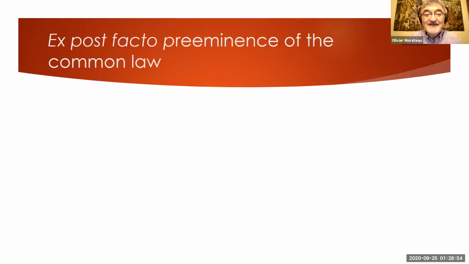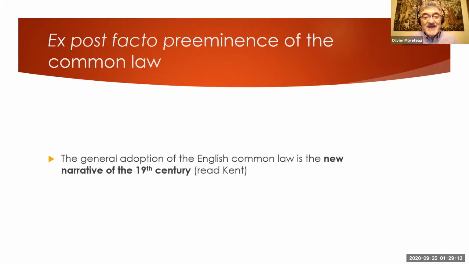This is quite remarkable. But it seems that this preeminence of the common law is a sort of ex post facto phenomenon. And maybe it has been overstated or exaggeratedly stated in the writing of jurists like James Kent.